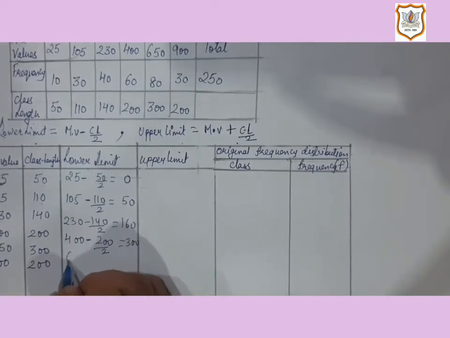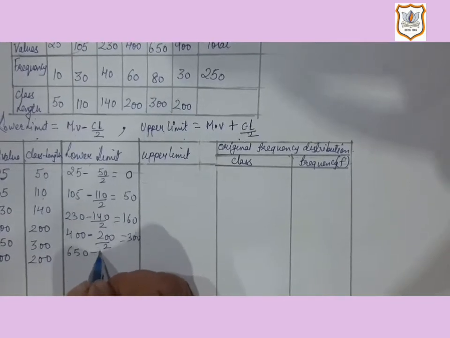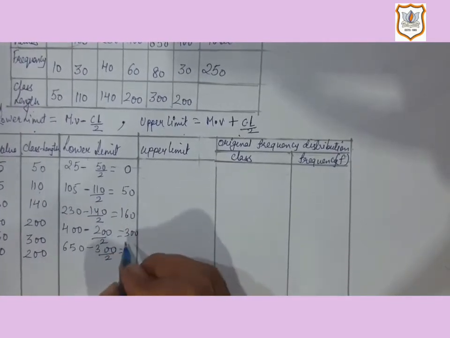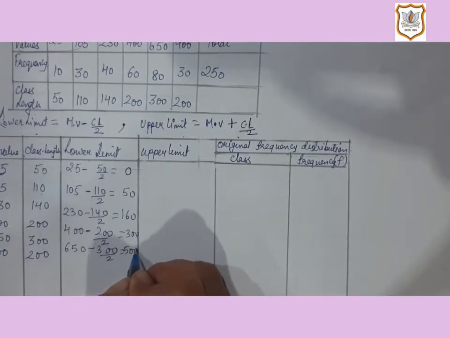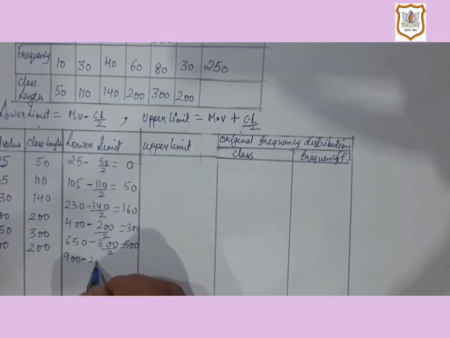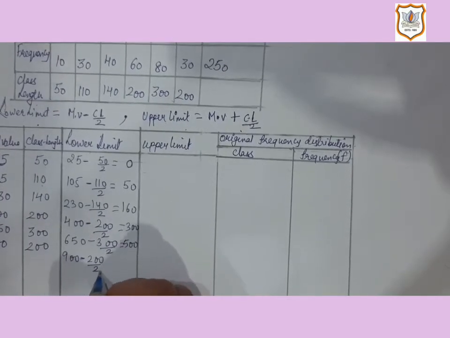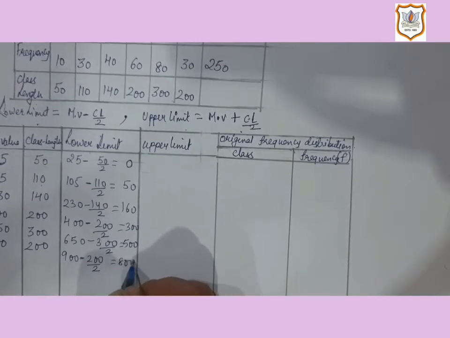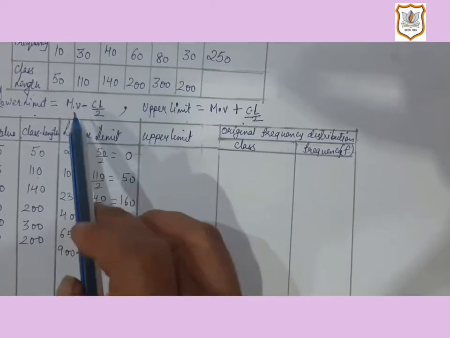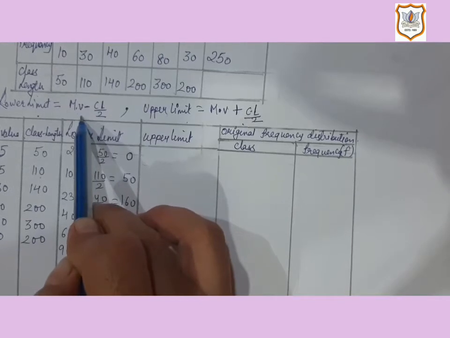After that 650 minus 300 divided by 2 gives you 500. And last, 900 minus 200 divided by 2 is equal to 800. So this way we find the lower limit with the help of this formula.